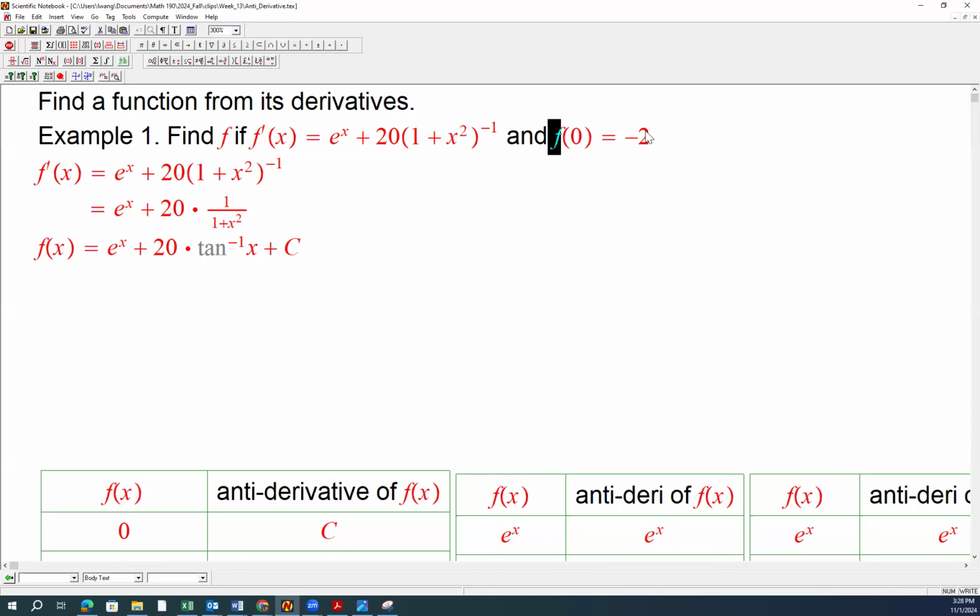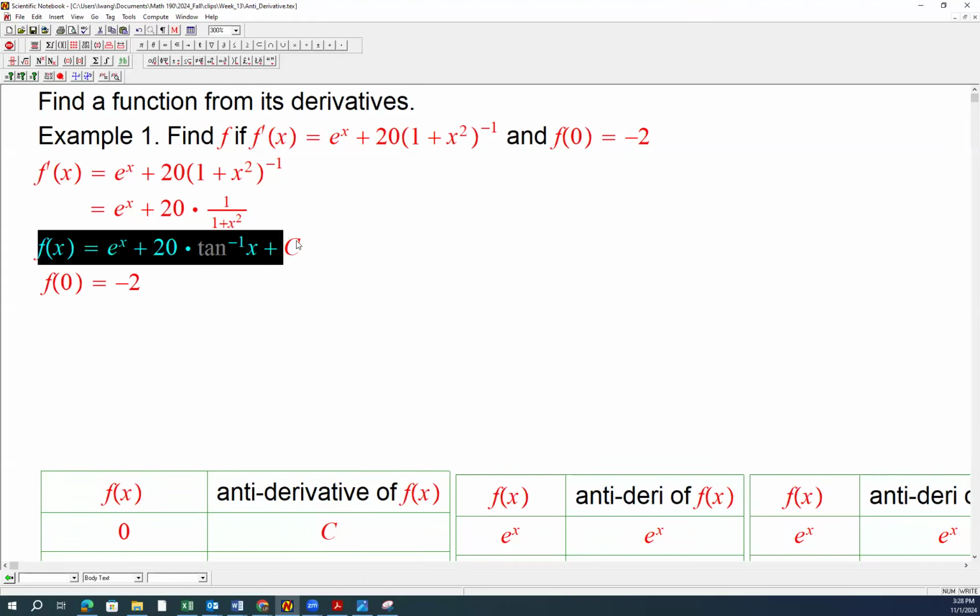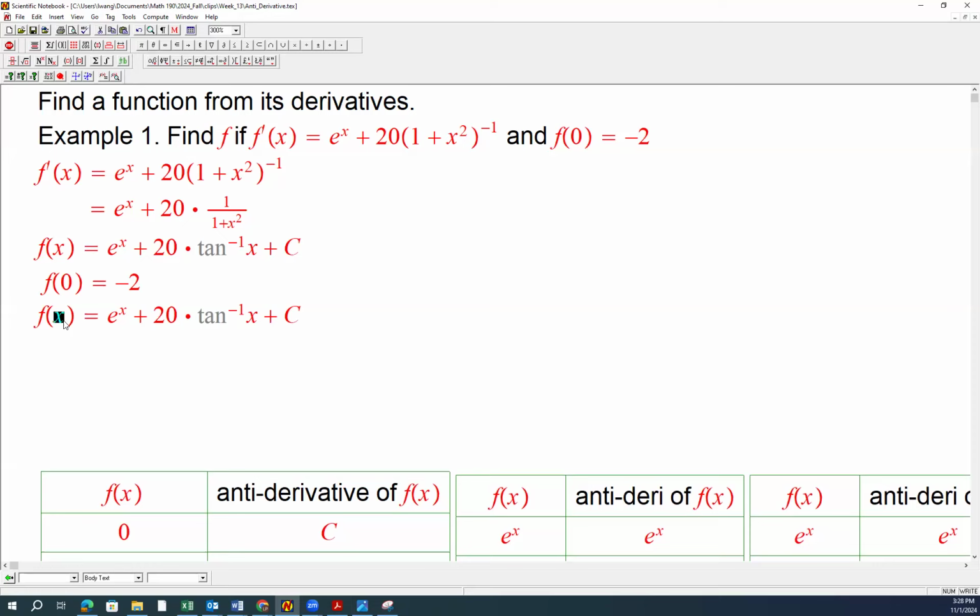And next we're going to apply this condition. This condition basically says we're going to plug in x equals 0, right? So x is replaced by 0, and f of 0 equals negative 2.